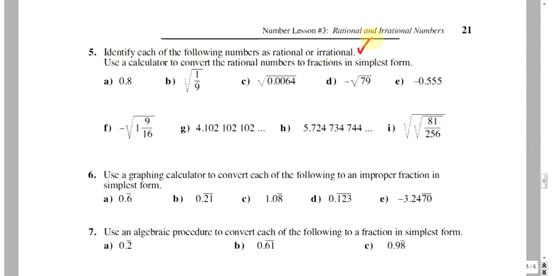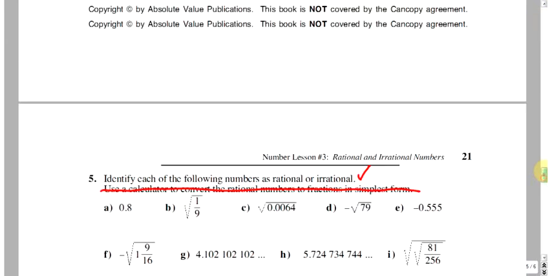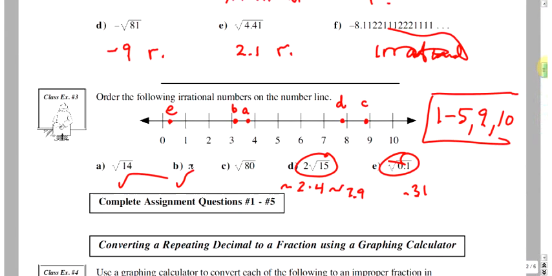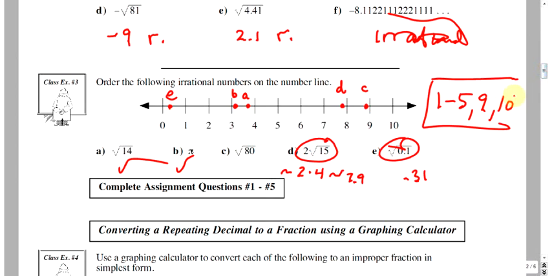Okay, that's what we want to do, so we're not going to do this. Because some calculators, like mine, can convert a decimal to a fraction, but most of yours can't, and if it does, you probably don't know how to do it, and like I said, don't worry about it, okay? So don't do the second part of 5. Just do, is this a rational or irrational? Okay? So 1 to 5, 9, and 10.